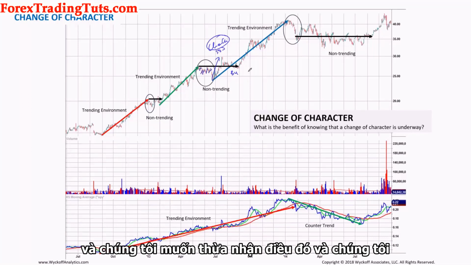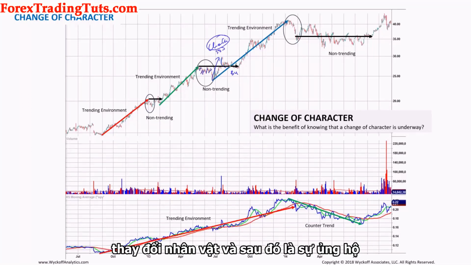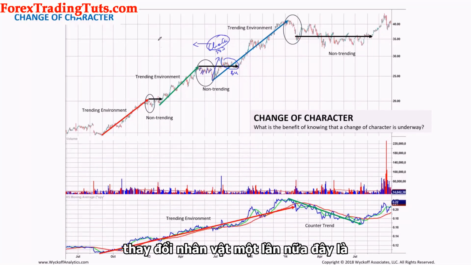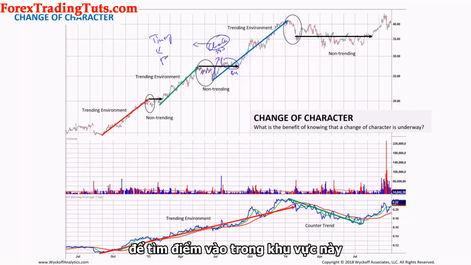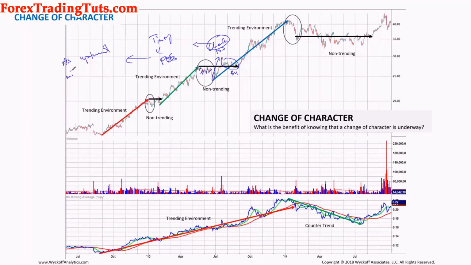We want to acknowledge that, and we want to say that this looks like a change of character, and then the backing up action confirms that. So here we're thinking if this is a change of character, again, this is the timing for us to find points of entry in this area, as our assumption about the trend is such that the uptrend will be resumed again.